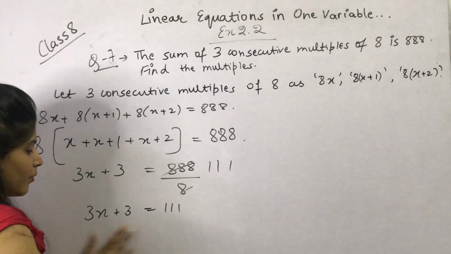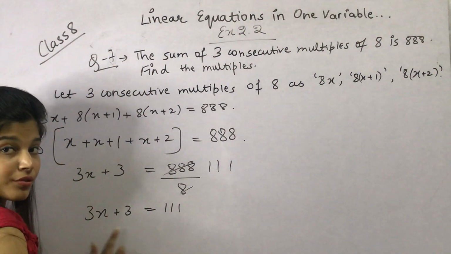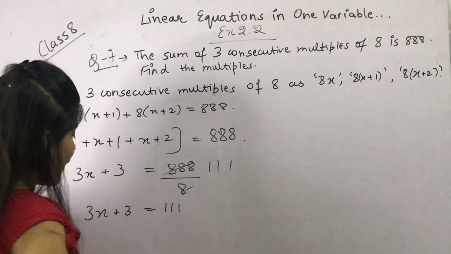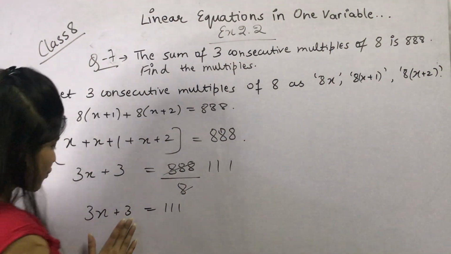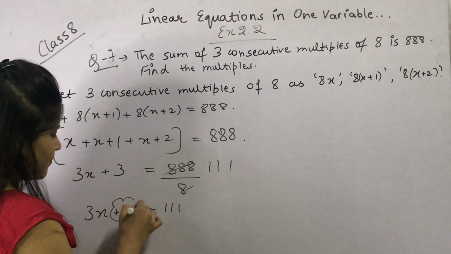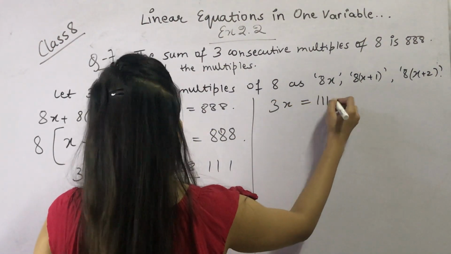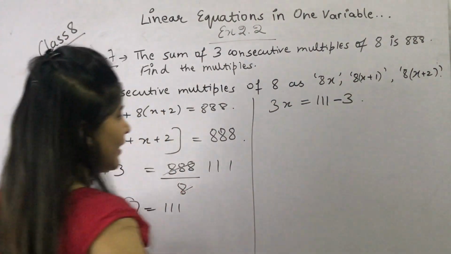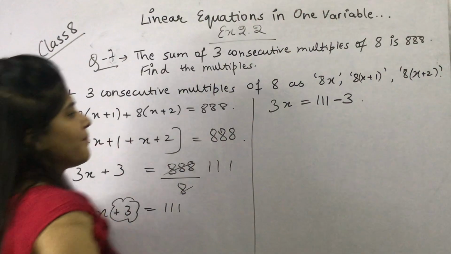Now we have to find the value of x, and the 3s are to be eliminated, or rather transposed. Okay, eliminated or transposed. So first we will transpose the constant term. So 3x equals 111 minus 3. Why? Because here 3 was positive, so going to the other side it will be negative.